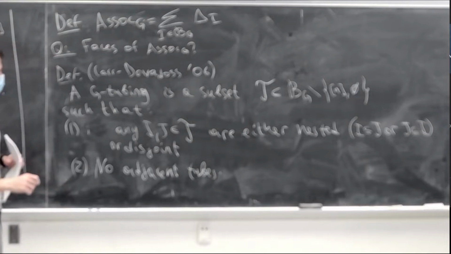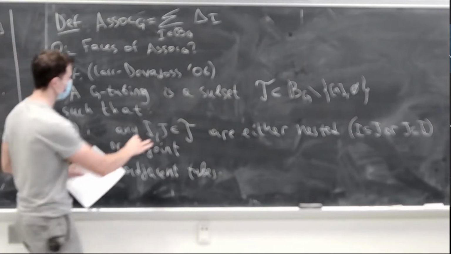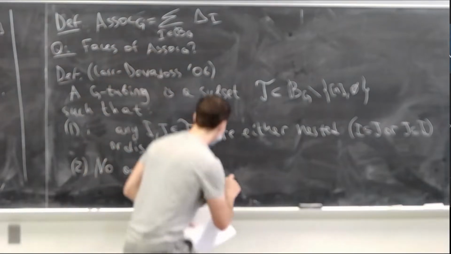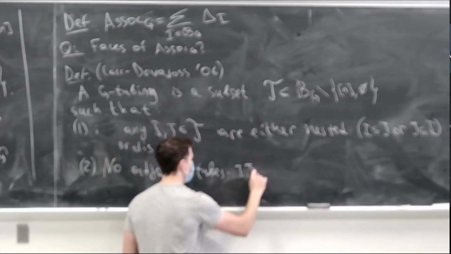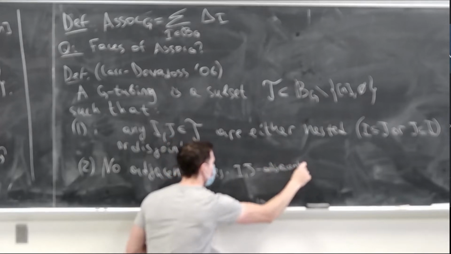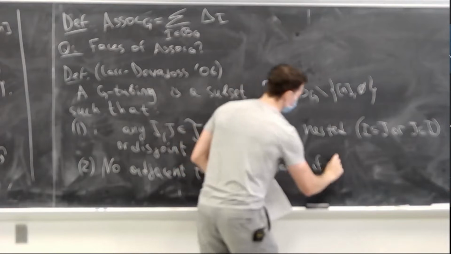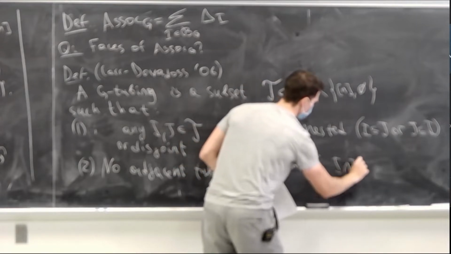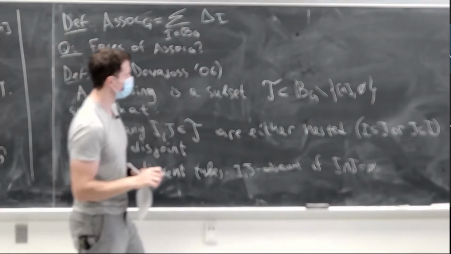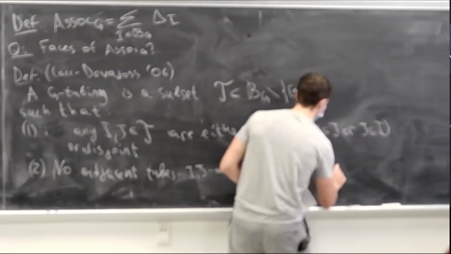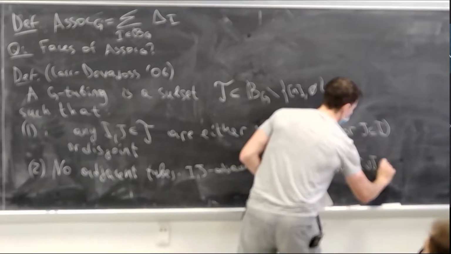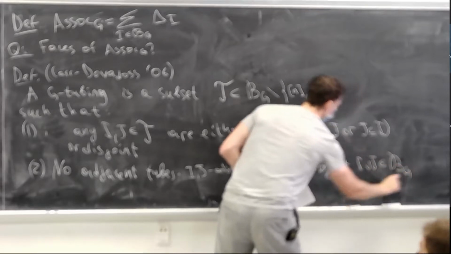What is an adjacent tube? Well, two tubes I and J are adjacent if they're disjoint, the intersection is empty, but their union is a tube. Their union I union J is connected.